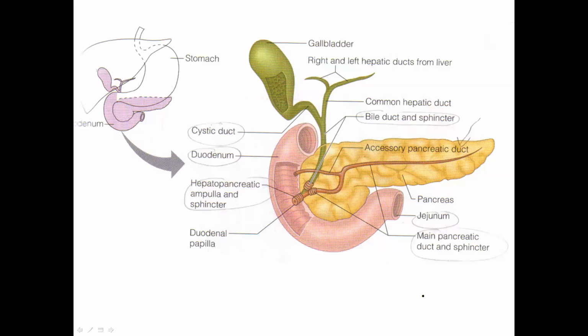Okay, here's those ducts we were talking about in the pancreas. So this yellow thing you see here is the pancreas. And this is the duct, or these tubes that enter into the first part of the small intestine. So after you eat, here's the stomach.